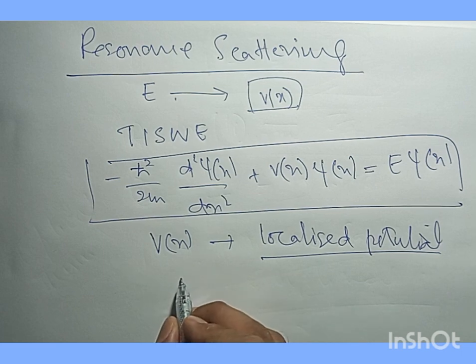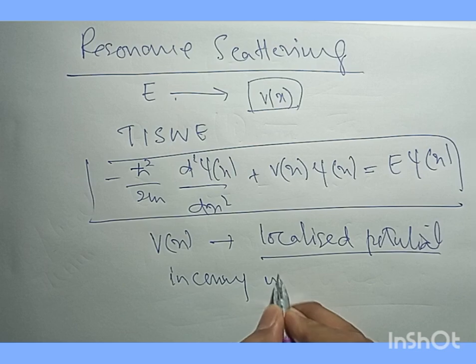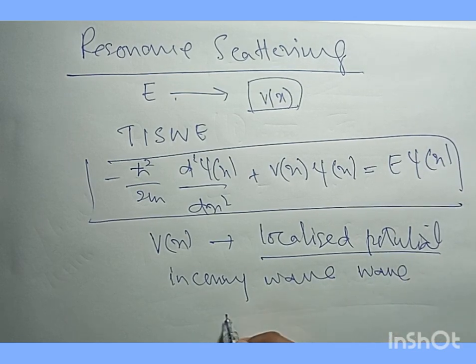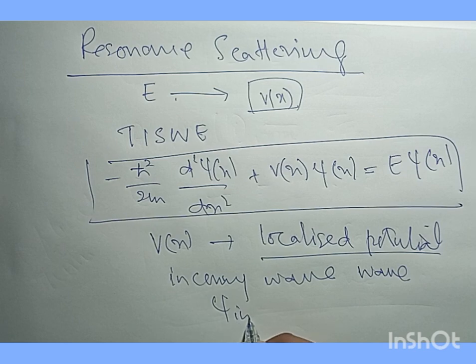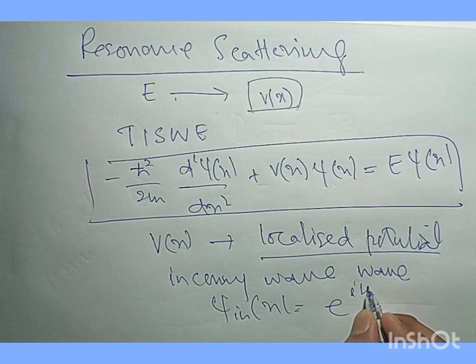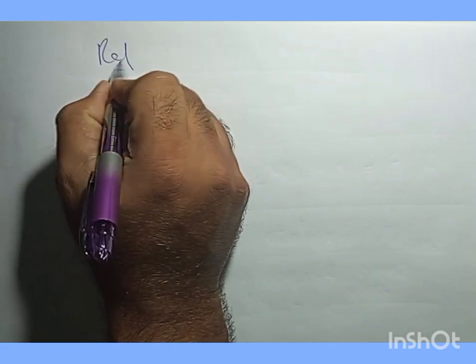We have an incoming wave, and if I call that psi in of x, that's going to be e to the power of ikx. And then we will have a reflected wave and a transmitted wave.